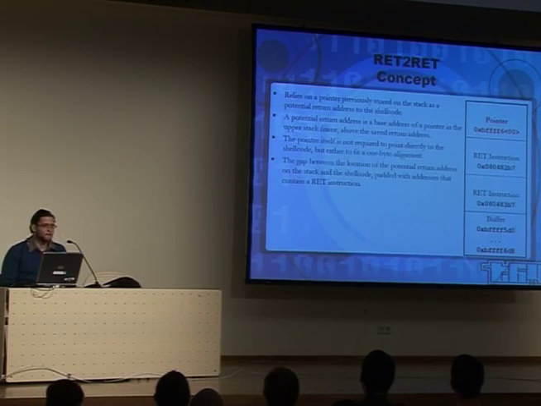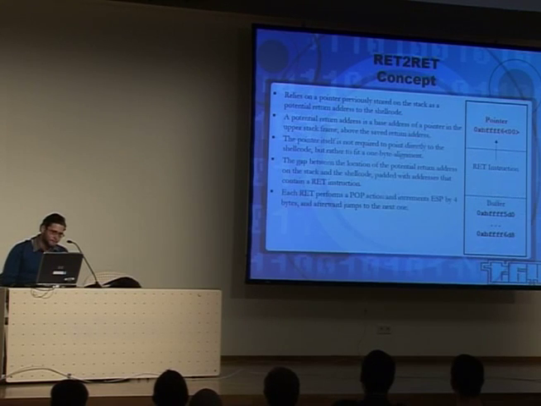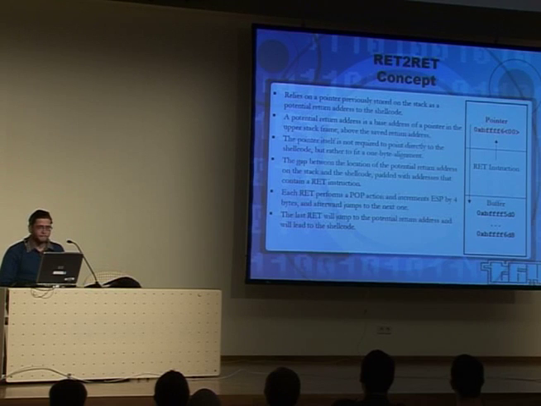The gap between where the shellcode, where the buffer is located, till we get to this pointer, we will have padded with wet instructions. Each wet is using like an op. We will just slide through the stack like this. And the last wet will jump directly into the pointer, and the pointer will jump right back into the buffer.